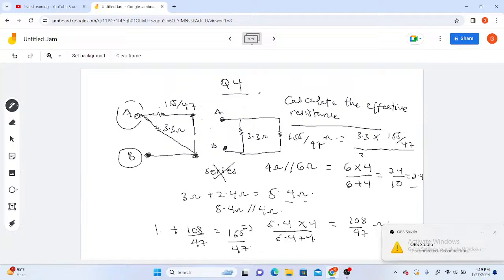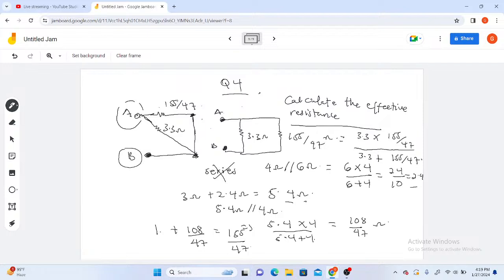All over 3.3 plus 155 over 47. So let's see. 3.3 times 155 over 47 over 3.3 plus 155 over 47, and that is giving us 1 point.